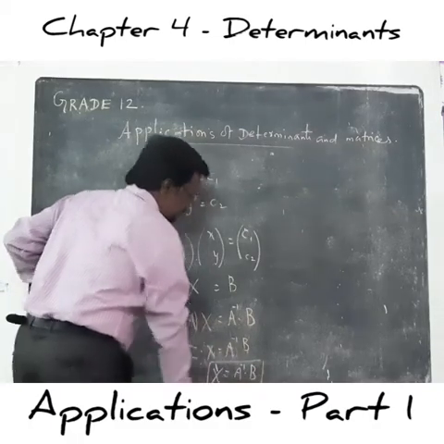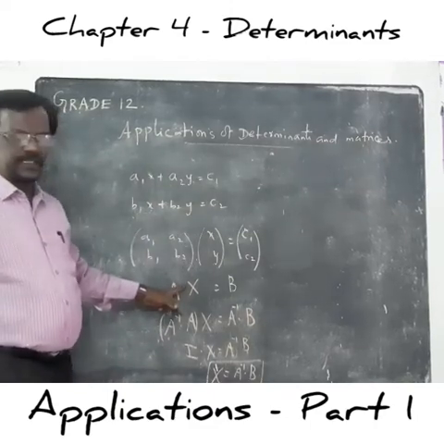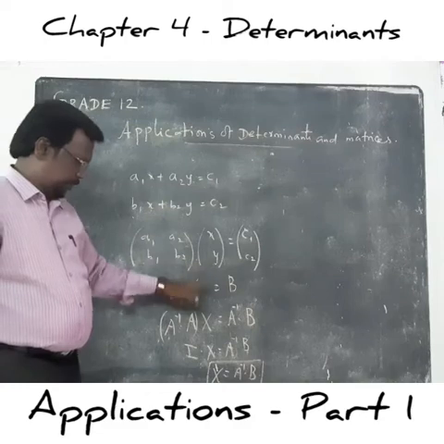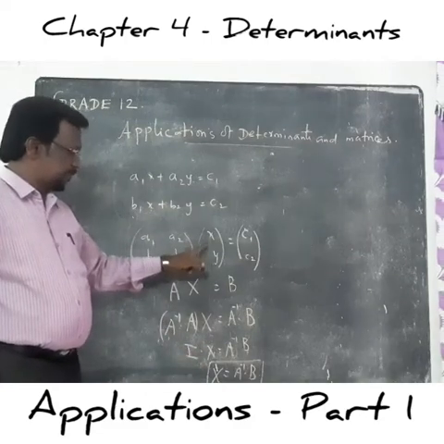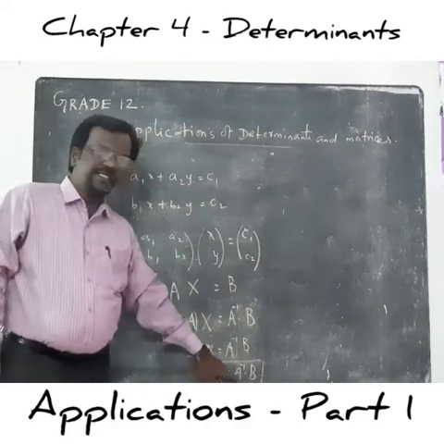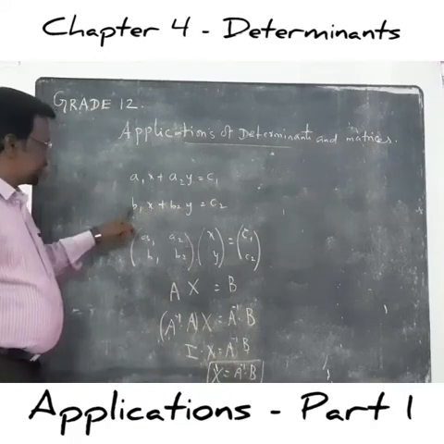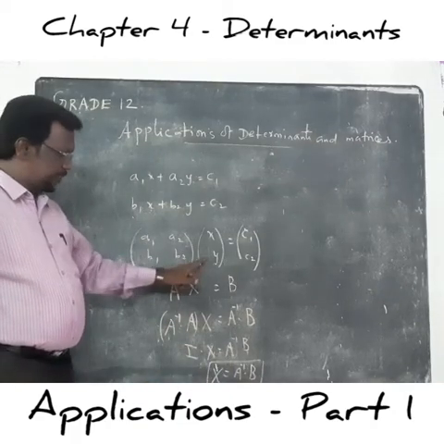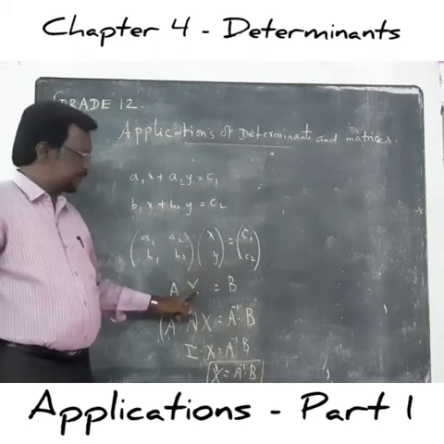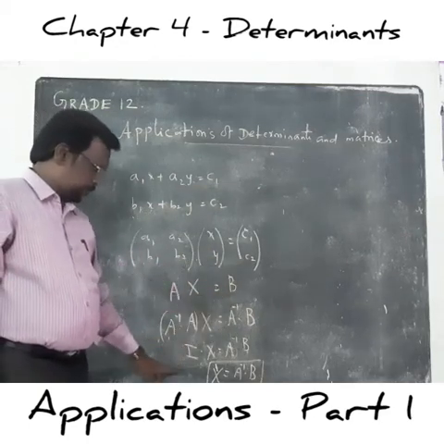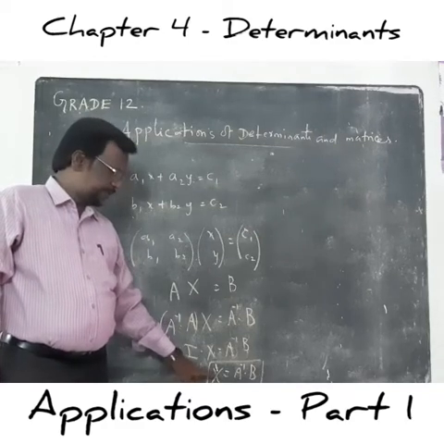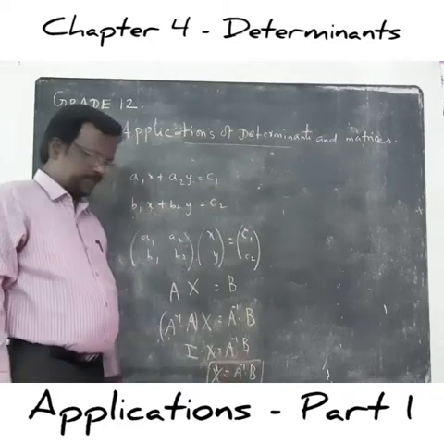So X is nothing but the matrix with unknown variables. So we find these unknown variables simply by A inverse into B. This matrix is A, this is the matrix X, this is matrix B. So the unknown variables can be found using X is equal to A inverse into B. Okay.